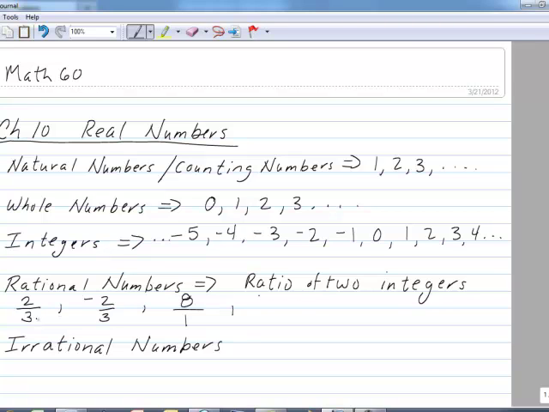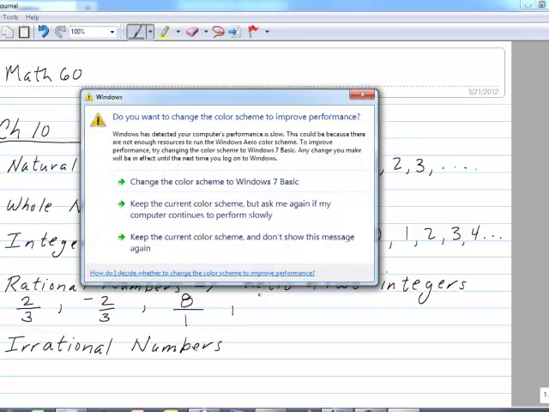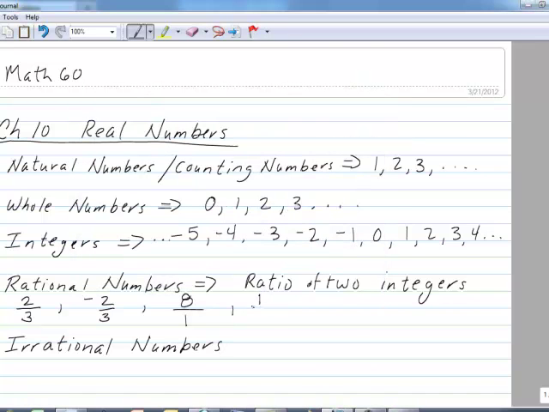So any repeating decimal, any whole number, or any terminating decimal can be written as a ratio of two integers. Rational numbers are the ratio of two integers. Irrational numbers would then be not rational numbers. That's what the ir means. They cannot be written as the ratio of two integers.